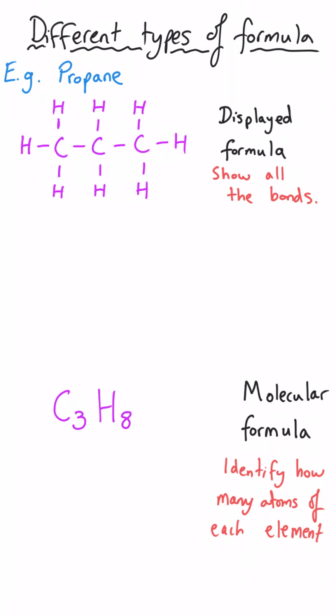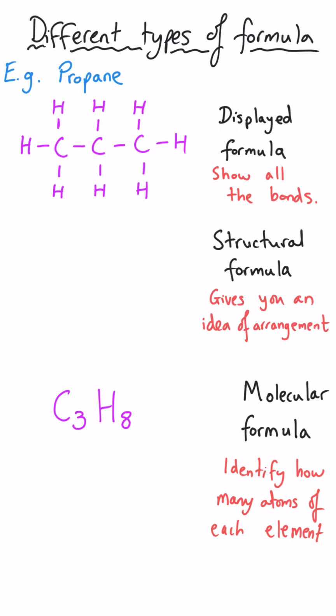Sometimes you try and give a little bit more detail about how these atoms are organised in the molecule. And in that case, what you might use is something called structural formula, where you effectively list the elements as they appear. So we start with the carbon on the left. It's got 3 hydrogen atoms attached to it. And then we move on to the next carbon atom in the chain. That one's got 2 hydrogen atoms on it.